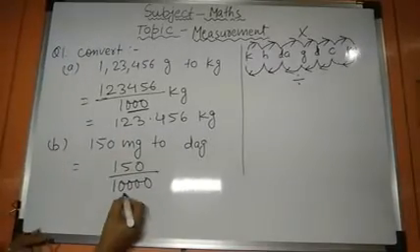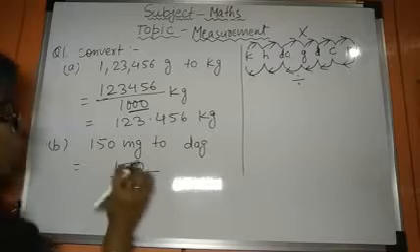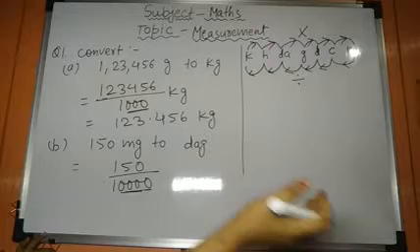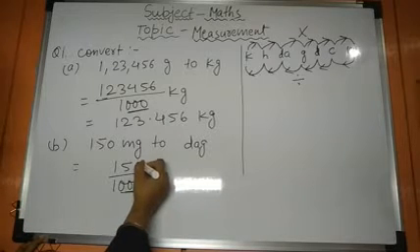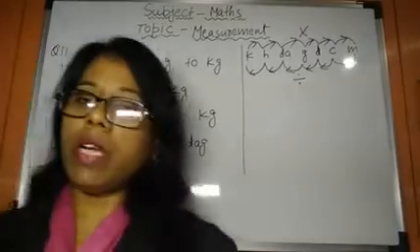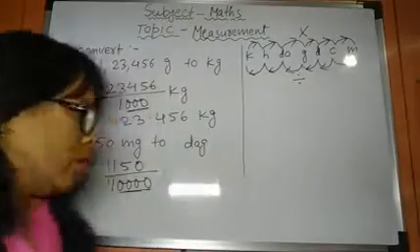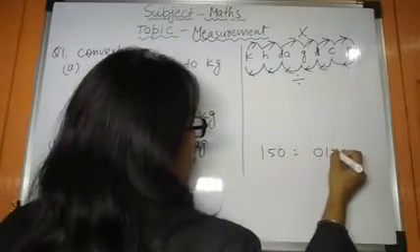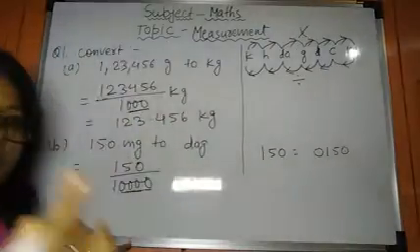Now see, here 4 zeros are there. So you have to count 4 numbers from your right hand side. 1 number, 2 number, 3 number. Only 3 numbers are there. So what should we do? We can write 150 as 0150. There is no change. Fine.